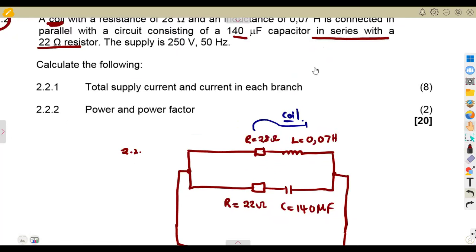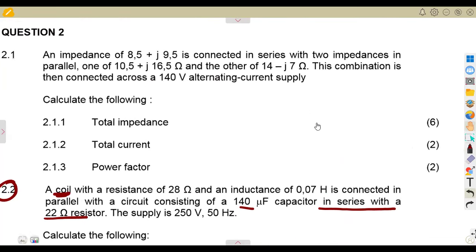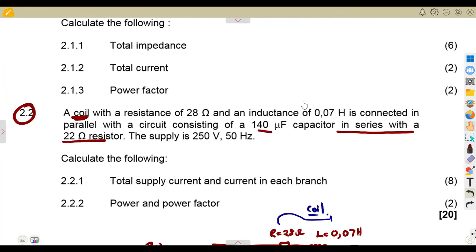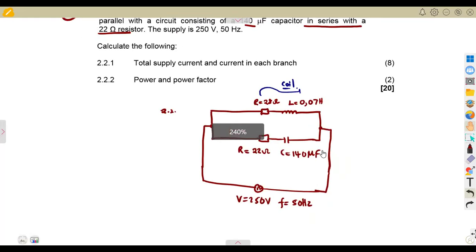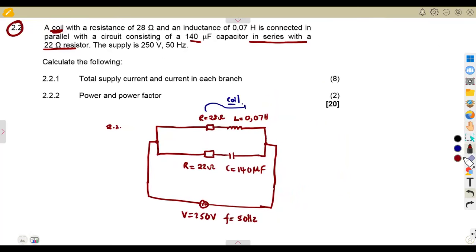All right, so in this case, we have something a little bit different from what we had here. There we are given the reactance already calculated. Here they are giving us exactly the values of the capacitor. We have to calculate the reactances, the reactance of the capacitor and the reactance of the inductor.